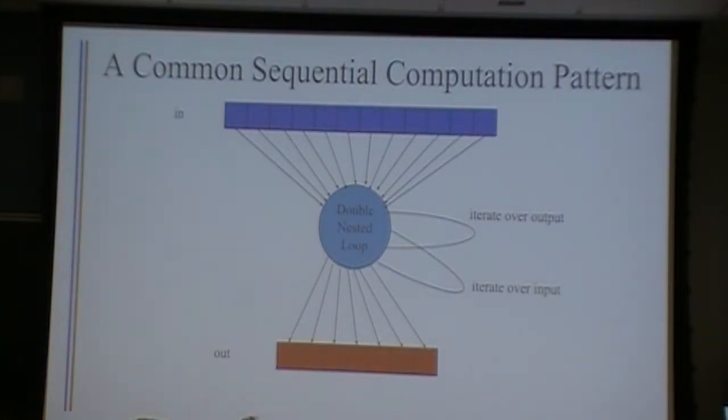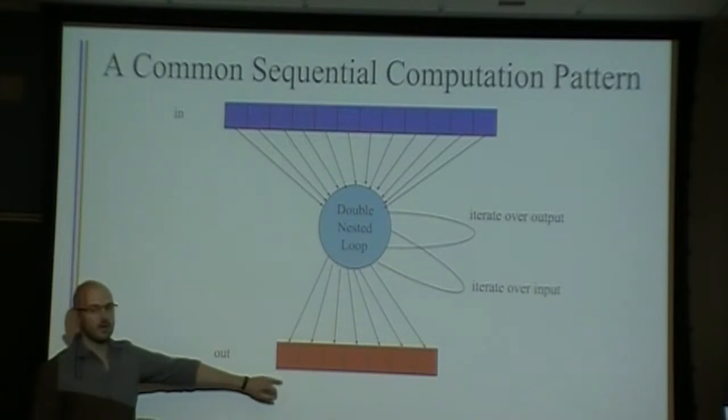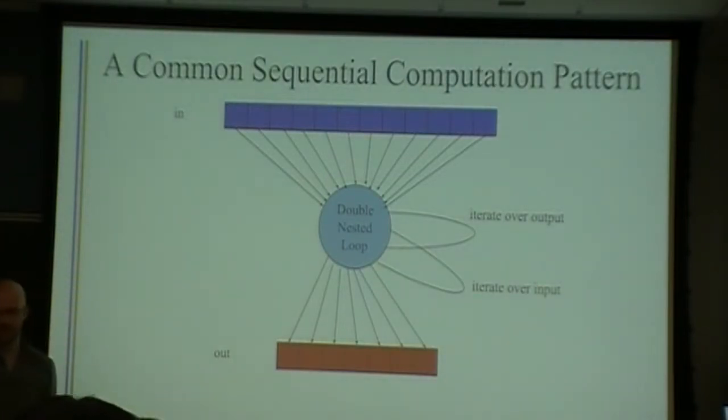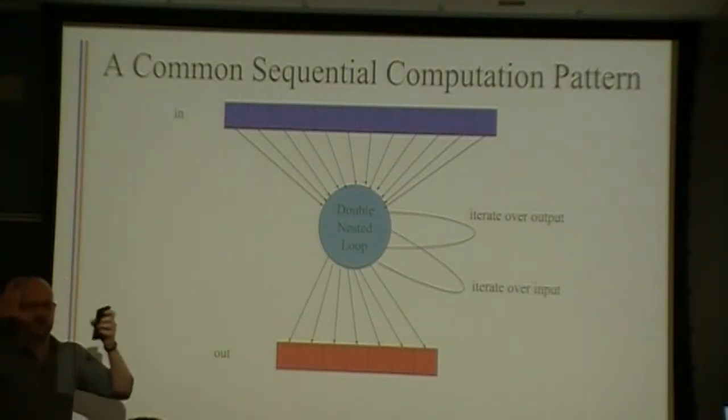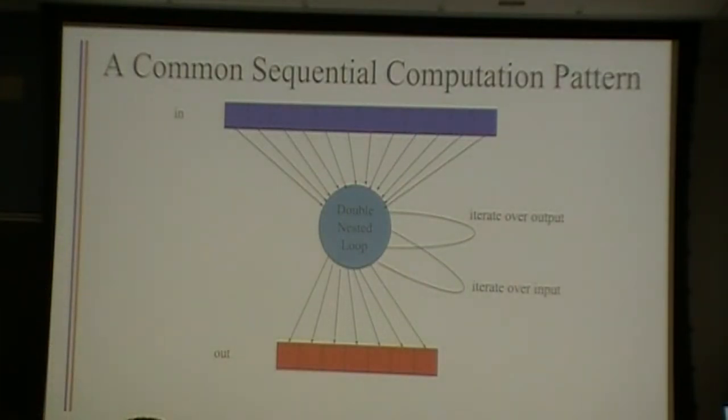So this is a fairly common thing. We can think of some different cases for this. Say there was only one output, that might, for example, be the reduction that we did in 408, right? Or maybe not all inputs affect every output. You can imagine there's a window of inputs that affect each output. So there are some differences here.